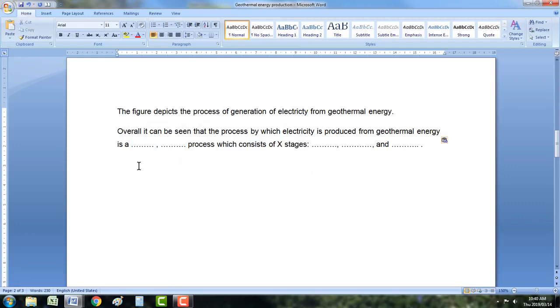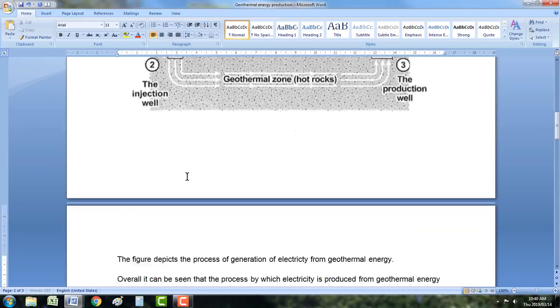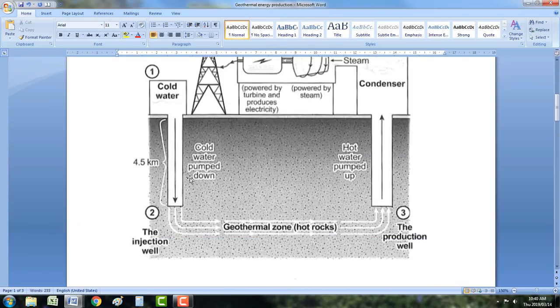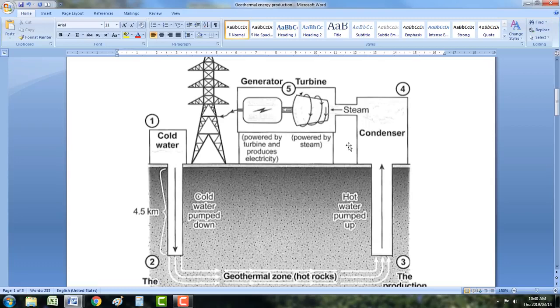What are these adjectives? The first one is how many steps it is. Usually you're going to use this word, multi-step. But maybe it could just be a 3-step process, or you could even use a number and say 5-step process. Please notice the difference between steps and stages. These 5 things are stages.